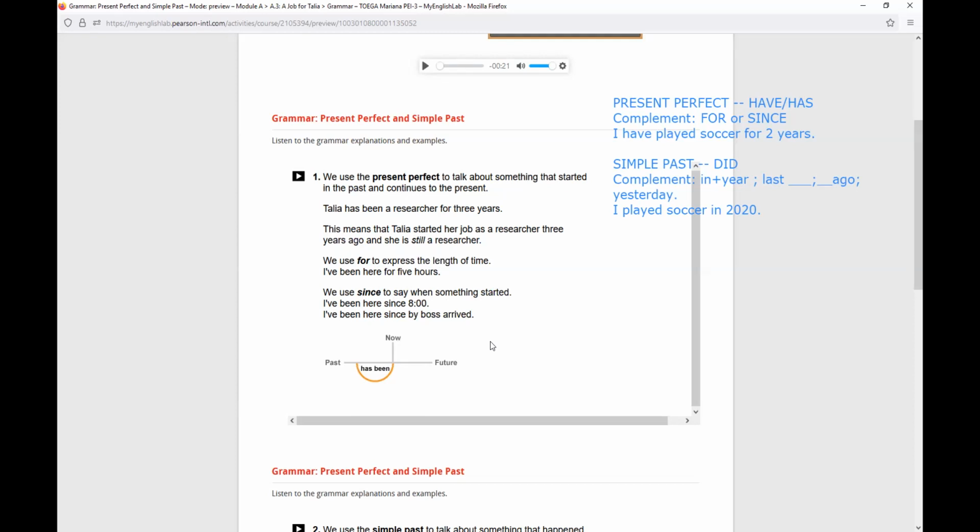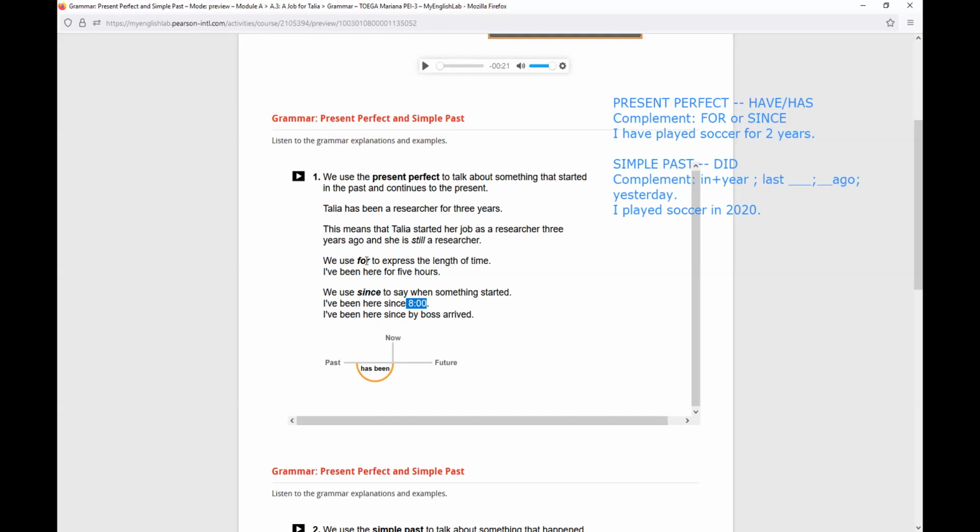For example, I've been here since 8. Yo he estado aquí desde las 8. Ok. I've been here since my boss arrived. Yo he estado aquí desde que el jefe llegó. Ok. Entonces, simplemente nos muestra cuándo inició la acción con el for y el since.